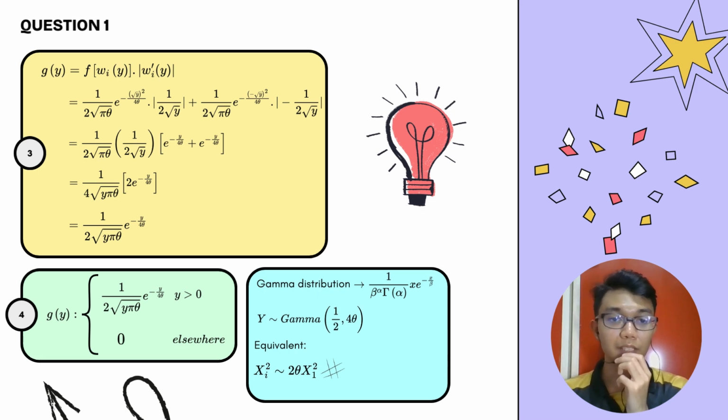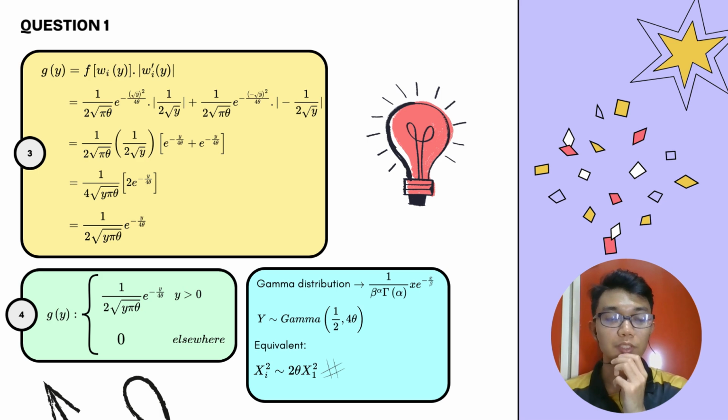Next, we factorize the exponential and cancel out the 4 and the 2, and finally we get 1 over 2 square root of y pi theta multiplied by e to the power of negative y over 4 theta. So the probability density function is g(y) equals 1 over 2 square root of y pi theta multiplied by e to the power of negative y over 4 theta, for y greater than 0.